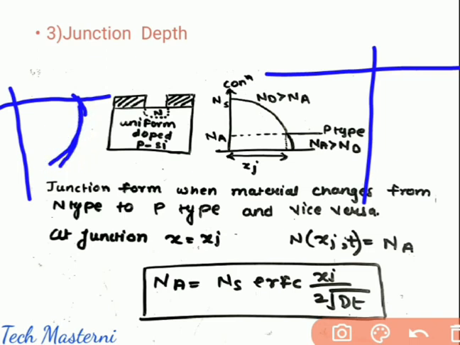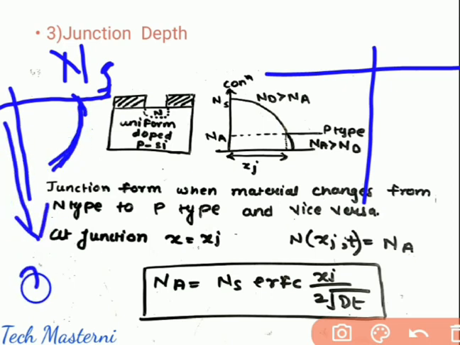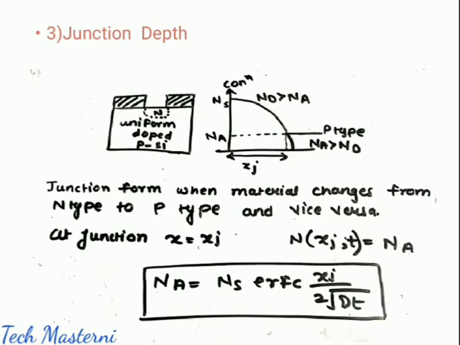This concentration is highest, Ns, and it will go lower as we go in the X direction. So this is the thing we have told you about. Now let us see what happens when there is a junction formation. Obviously there is a junction formation. This is my P region, this is my N region, and between this P and N we have our depletion region. So what happened here?